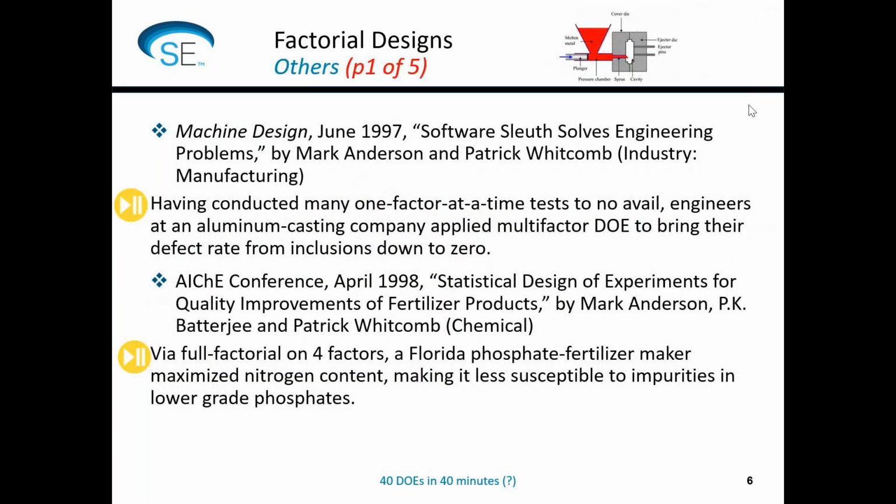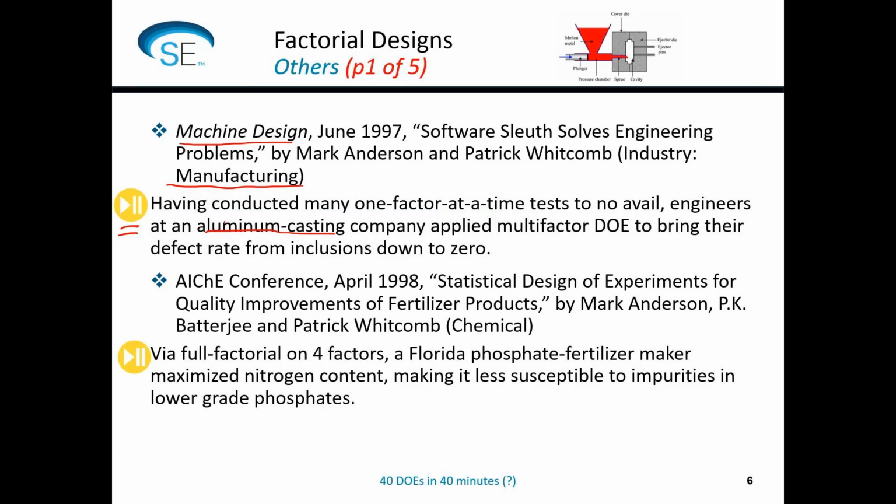Okay, now here are some others. And what we're going to see as we go through this list of others is that we have a publication, and you can go to our website and look under, for example, the industry manufacturing, and you would find this Machine Design article, "The Software Sleuth Solves Engineering Problems," and see that this relates to an aluminum casting process.